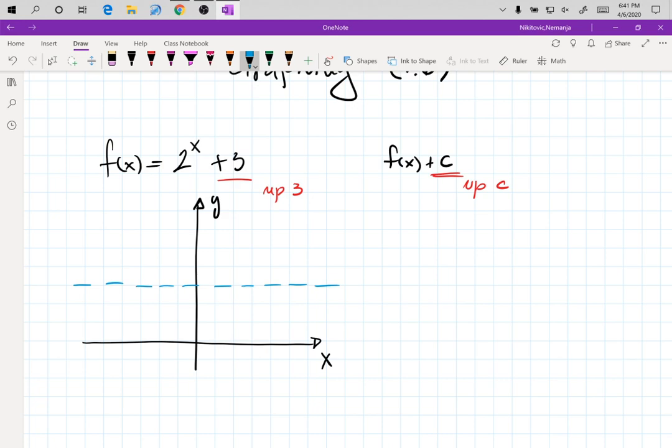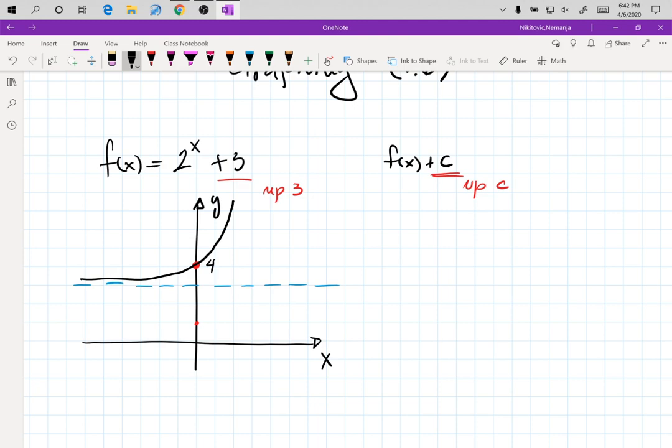So now I have my horizontal asymptote there. What used to be a point over here at 0, 1, now has to go 3 units up. So now it's at 0, 4. And the whole graph just shifts up, and we just draw the shape for the exponential function, and we're good to go. It doesn't have to be an amazing drawing, but you do have to write the number 4 right there, and you're done.